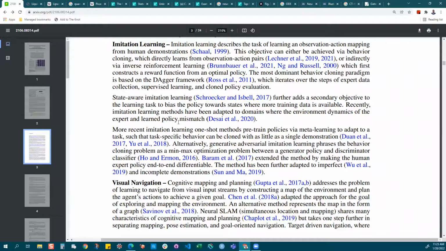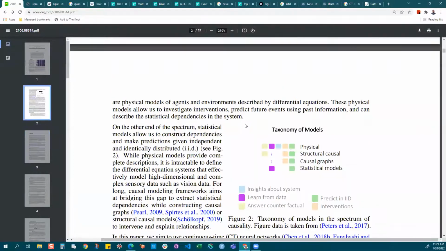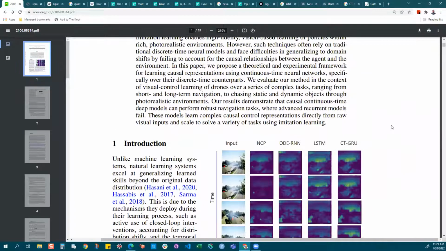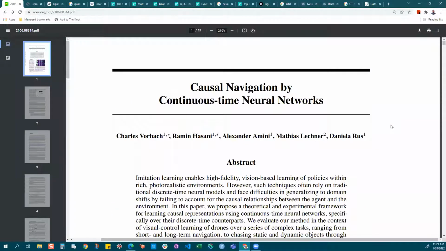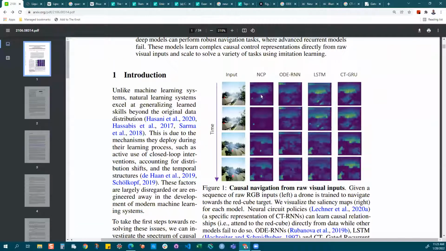One thing that is important to note about this work is that they use causal navigation in continuous time neural networks. And as we see, it operates better than other models. One reason they mention that this operates better is that they are performing these experiments in closed form versus open form.